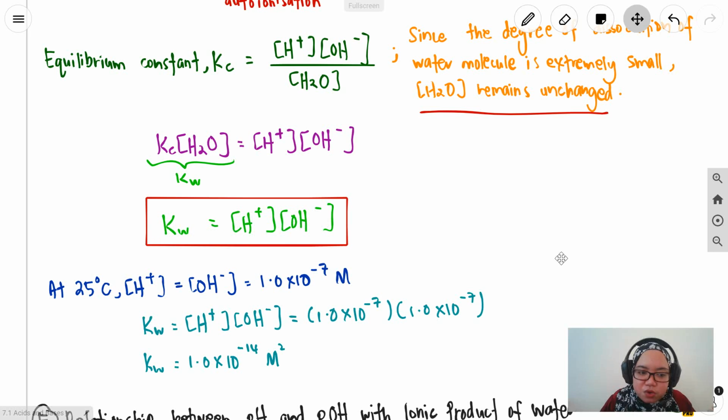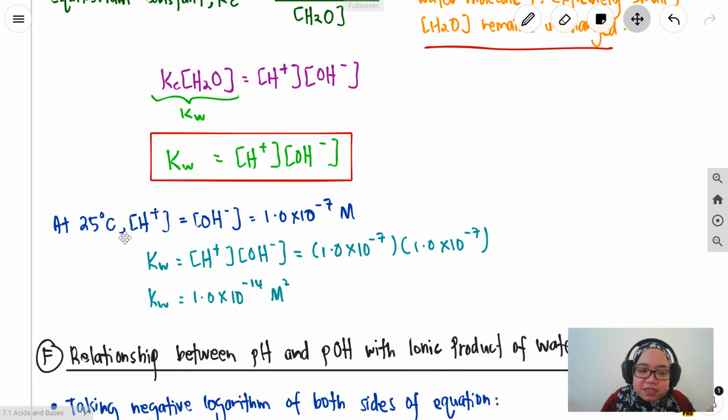Okay, so at 25 degrees Celsius, the concentration of hydrogen ion and hydroxide ion is equal to 1 times 10 to the power of negative 7 molar. So we know that Kw here is the multiplication of H plus and OH minus. When we multiply them, we get the product, Kw, of 1.0 times 10 to the power of negative 14 molar squared, or mole squared per liter squared.